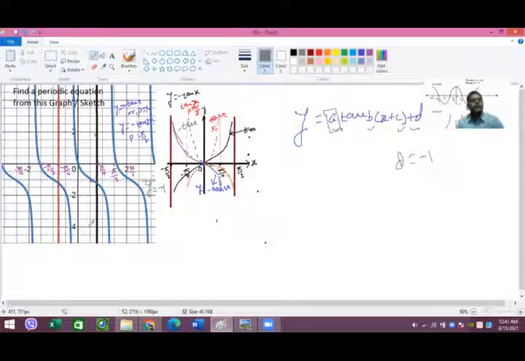In this curve, if you talk about one complete cycle, this sort of thing, and from here also this sort of thing, they make one complete cycle. So one half and then another half makes one complete cycle, and here also one half and another half makes one complete cycle.